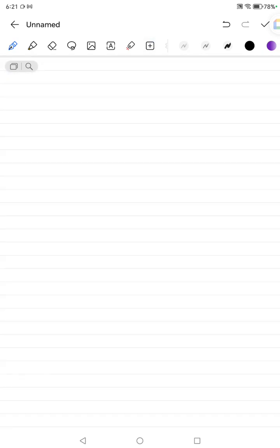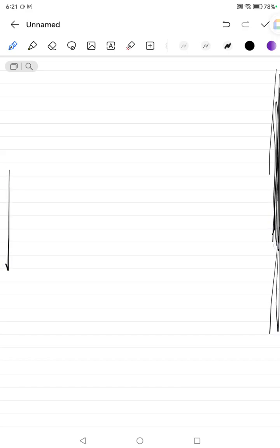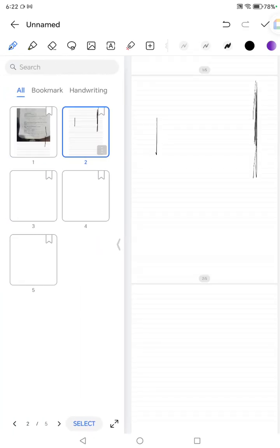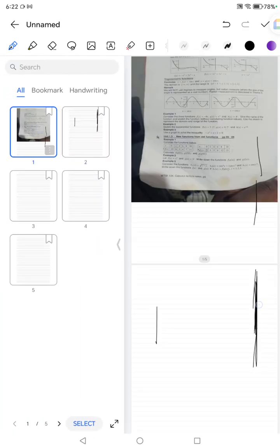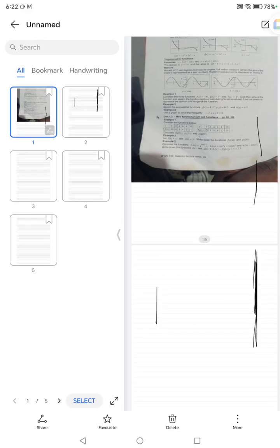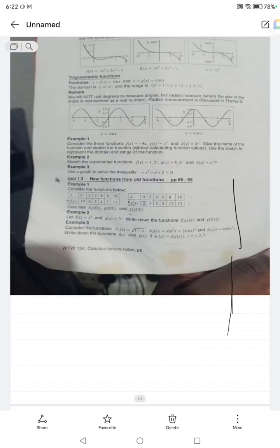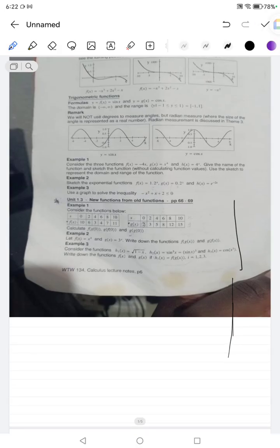Now we have a situation where they've said we are having something like your f of g of x.